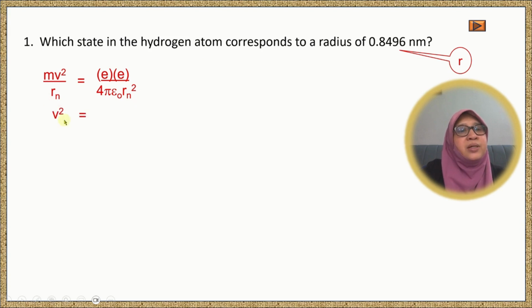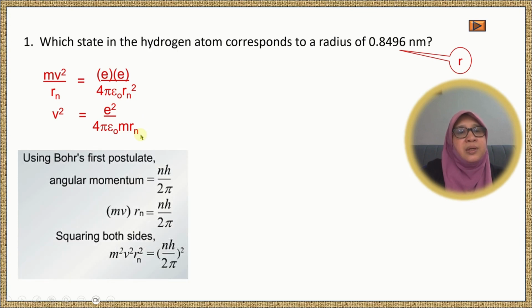We rearrange the equation to get the speed: v squared equals E squared divided by 4 pi epsilon naught m, cross multiplying and dividing by m, and we can cancel one of the r, so we get rn.